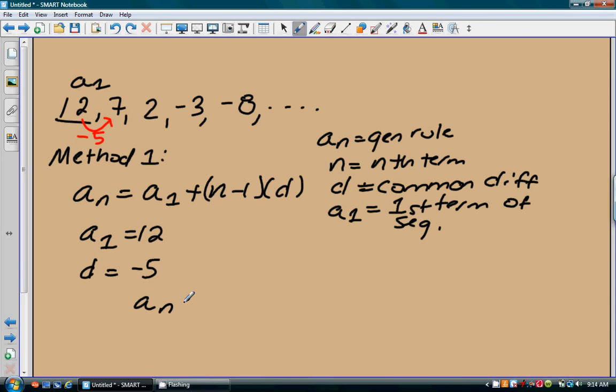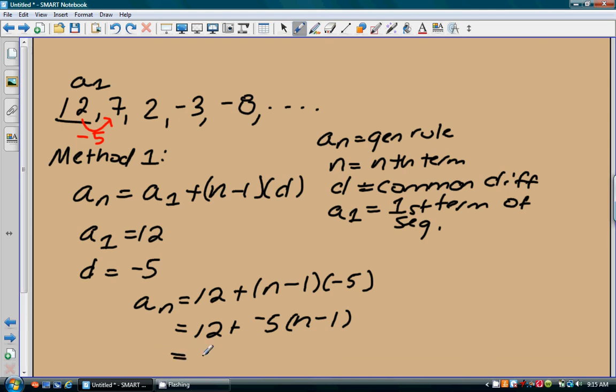All we have to do to write the general rule is we put in our a sub 1, and the n we leave unknown because we don't know what n is when we have the general rule. So I put in my n and my d. Let's flip this around just to make it a little bit easier.